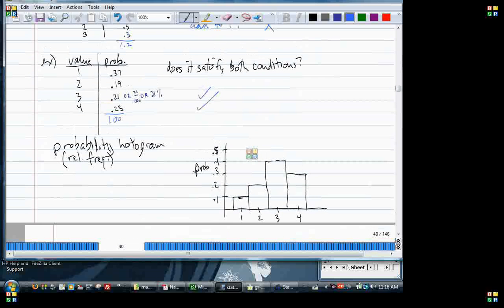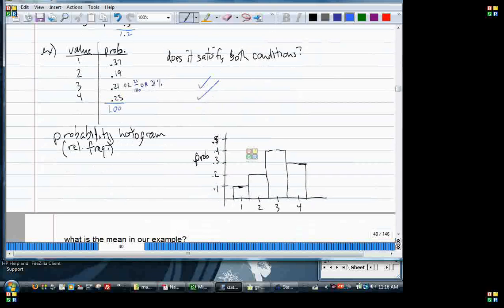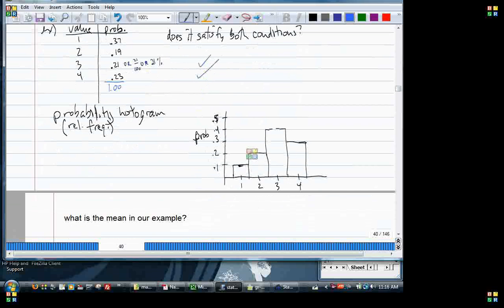So now we're going to do our first fancy calculation. Using this probability distribution, I'm going to ask, what's the mean? Now typically when we calculate the mean, what do we do? Right. Add them up and divide by how many we have. Exactly. If you tried to do this in a naive way, you would say, well, I've got values 1, 2, 3, and 4, so let me just add them up and divide by 4.